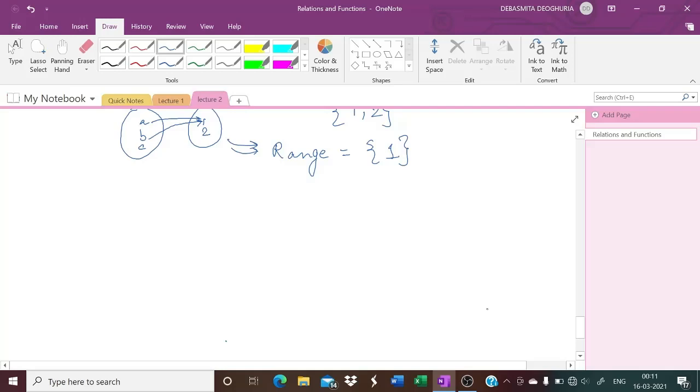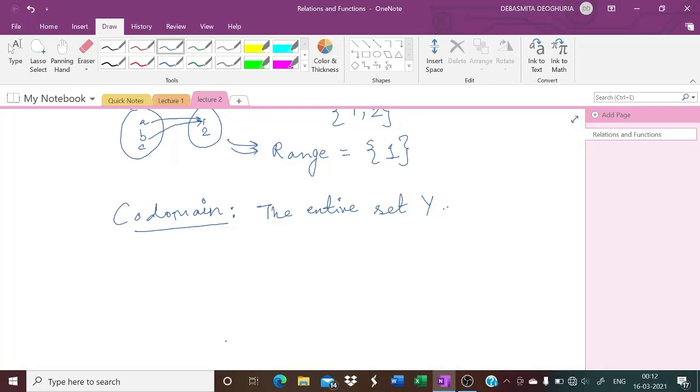Now, the next term is codomain. What is codomain? Your codomain would be the entire set Y. This is a very important difference between range and codomain, which would be used further when you learn functions, when you learn onto functions.